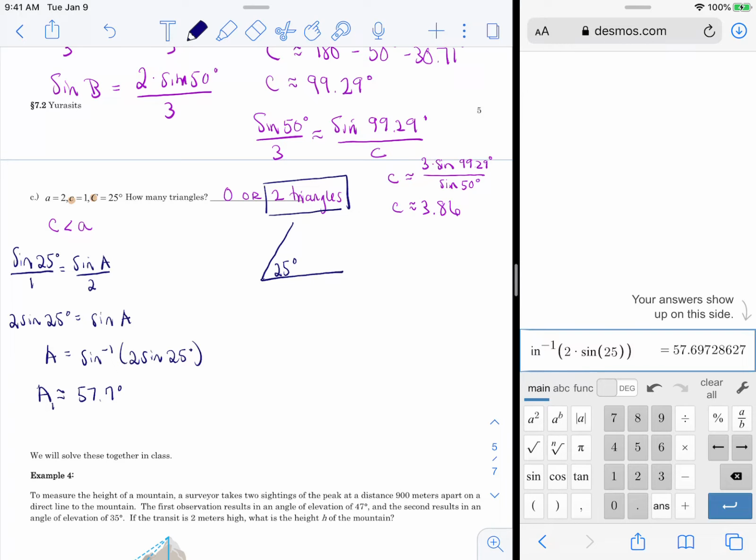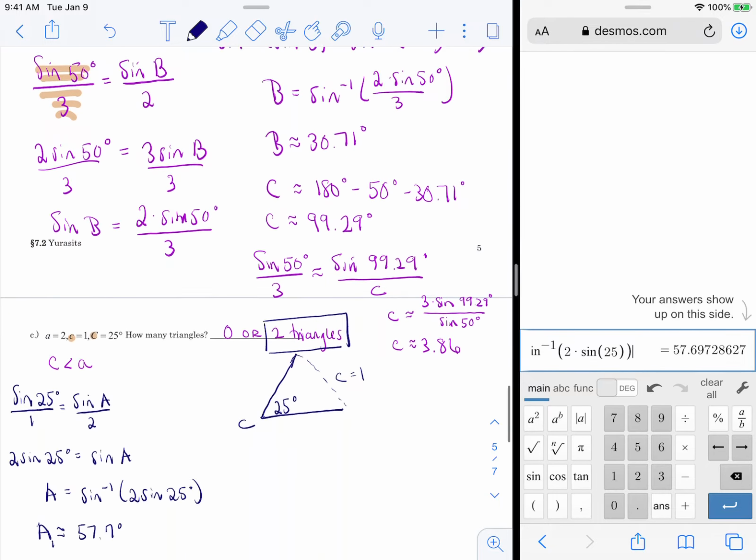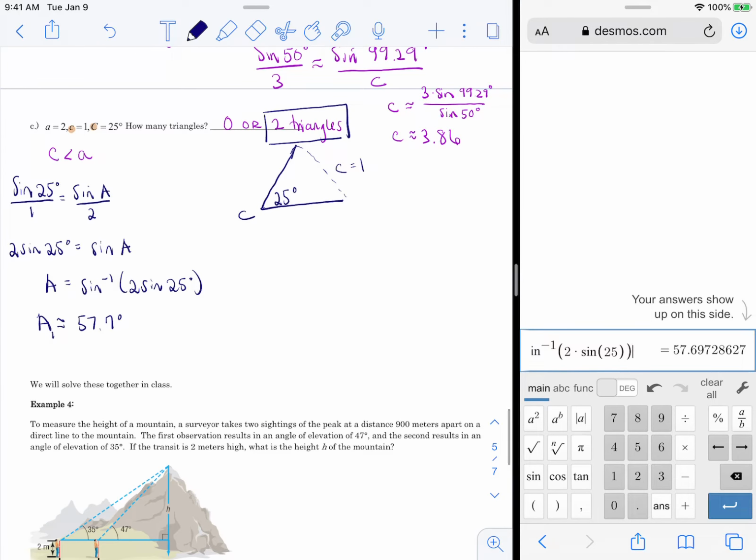So that is angle C. Remember, your 1 is little c, so it's always across from your angle, right? Little c is across from big C. And then A is, this is how I always draw it. You can draw it in different orientations, but it just makes it easier. Here's A. So those 3 things have to remain fixed.